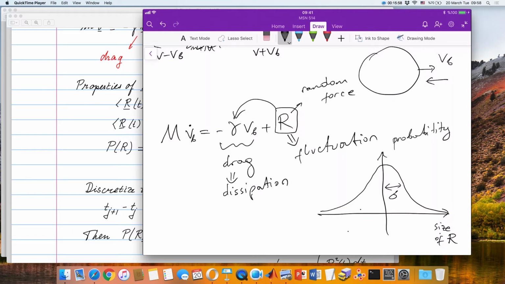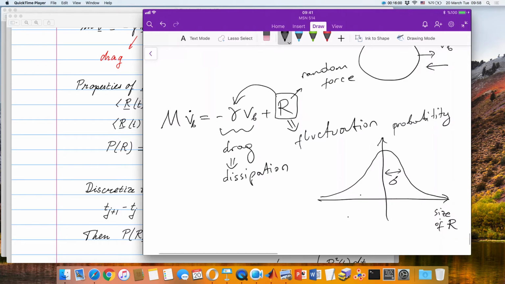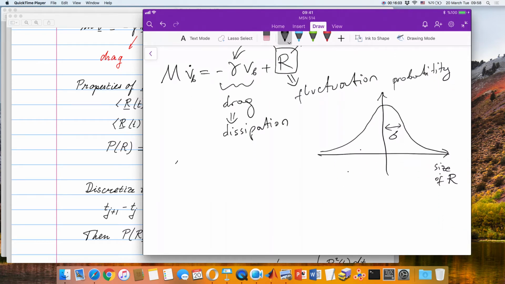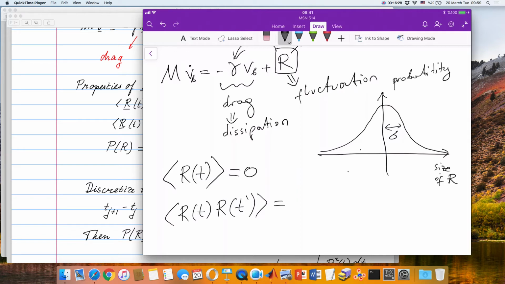Basically, we write it in the following fancy way. First of all, the average of R is what? 0, right? The average of R is 0. What about this? This is an assumption: R(t) R(t prime) should be equal to, let's call it G, times delta(t minus t prime).